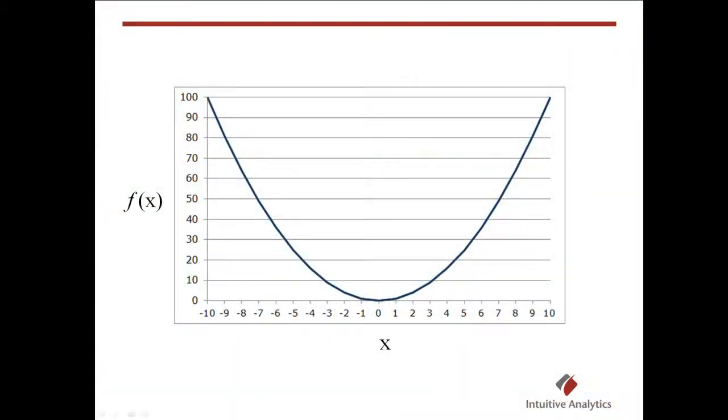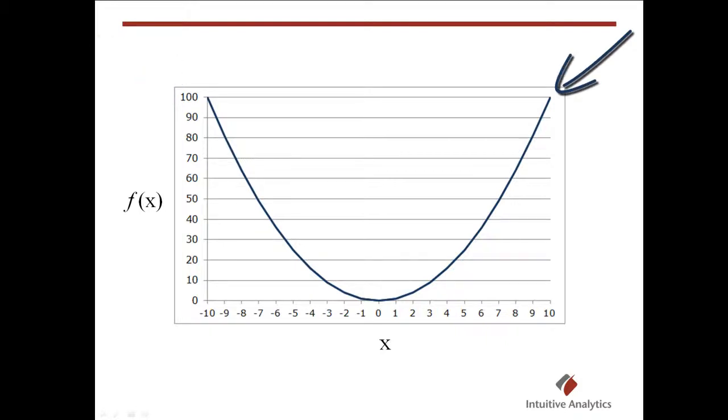So here we have a function of x, and x is ranging from -10 to 10 on the horizontal axis. And probably without a whole ton of difficulty, you can see that our function of x is actually just x squared. At -10, our value for f of x is 100, and at +10 also our value for f of x is 100.